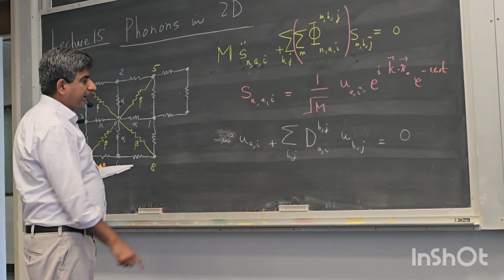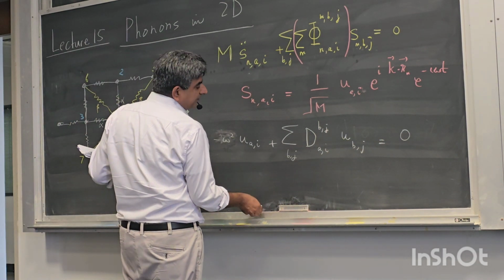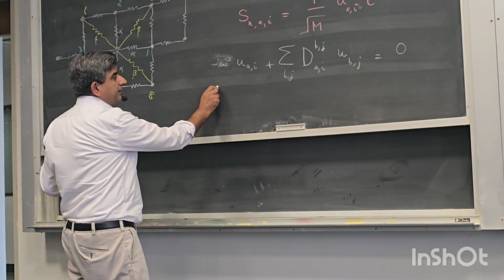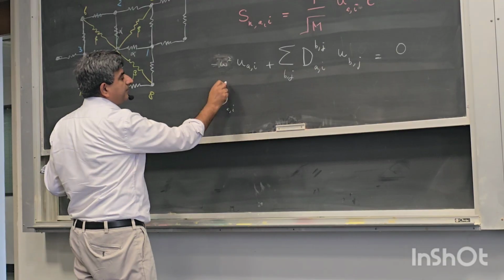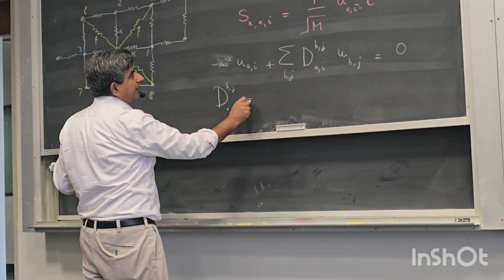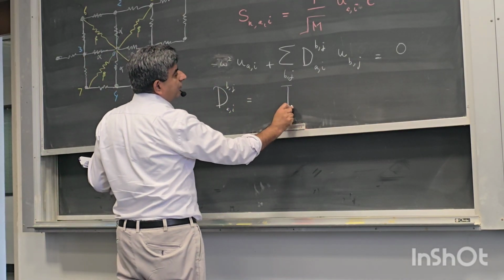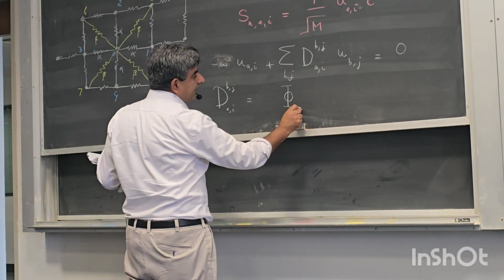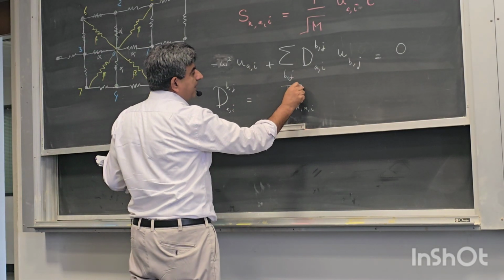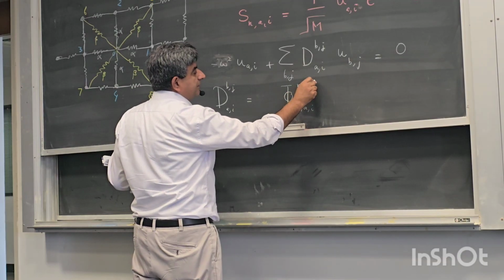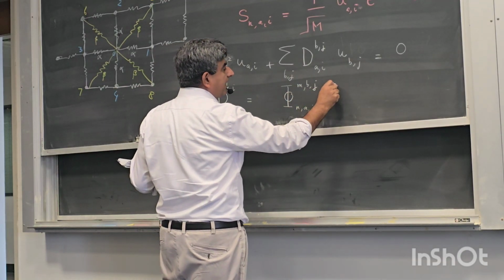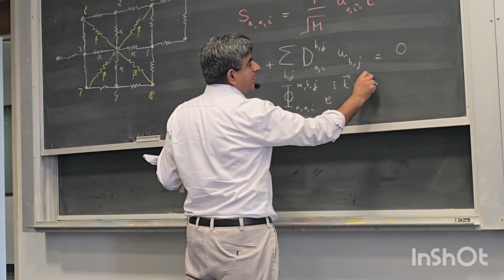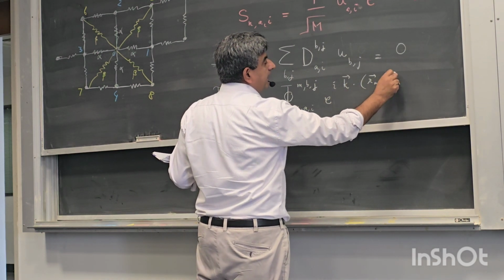Where this is a matrix element of the dynamical matrix D A i B j, and is given by the sum over all of these spring constants phi n A i m B j, e raised to i k dotted with r m minus r n.